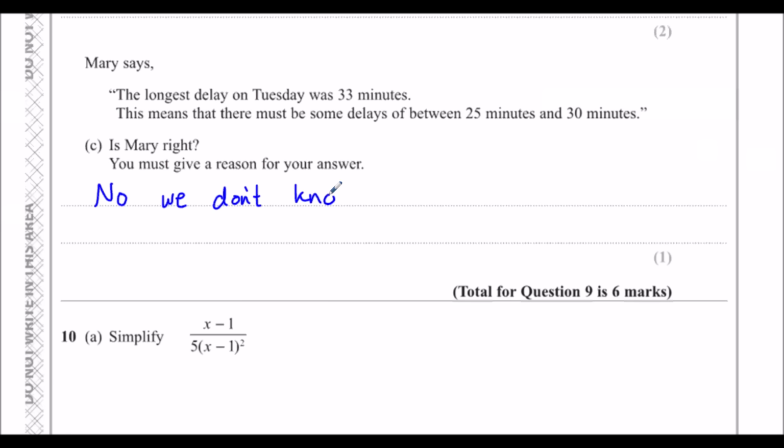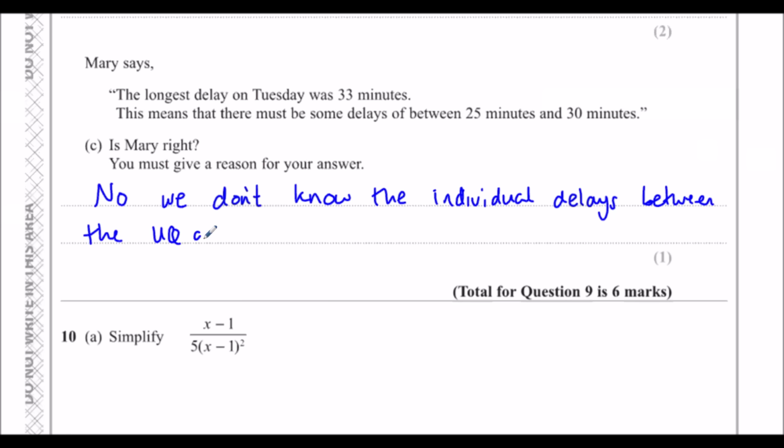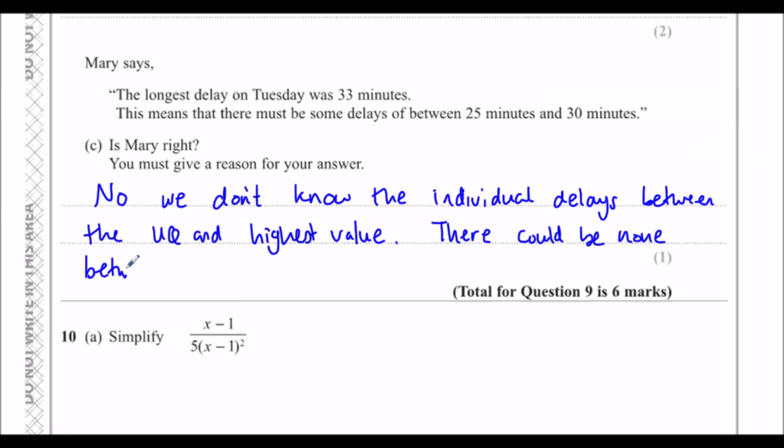We don't know the individual delays between the upper quartile and highest value. There could be none between 25 and 30.